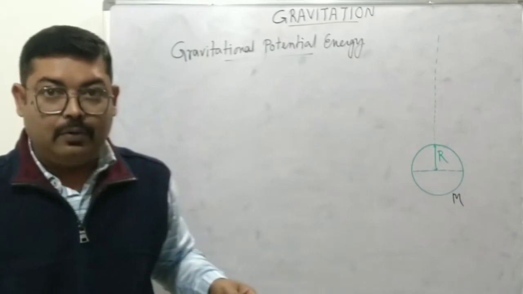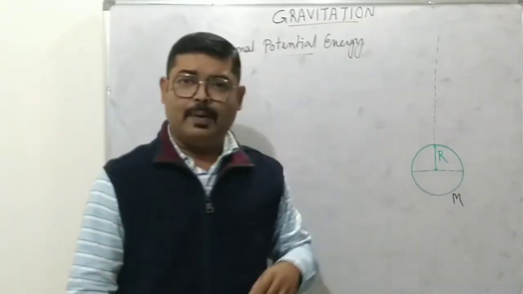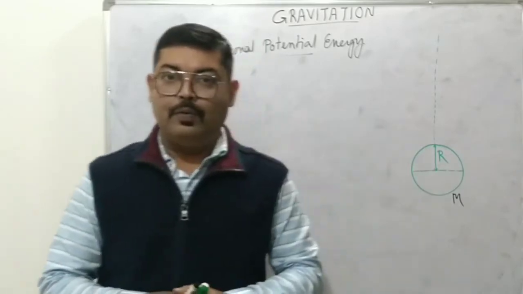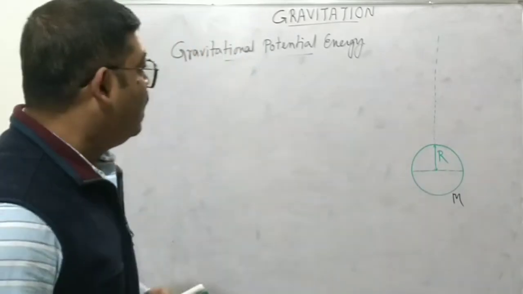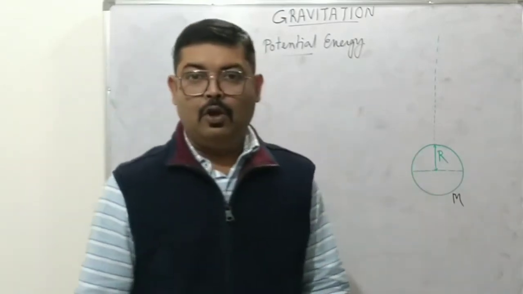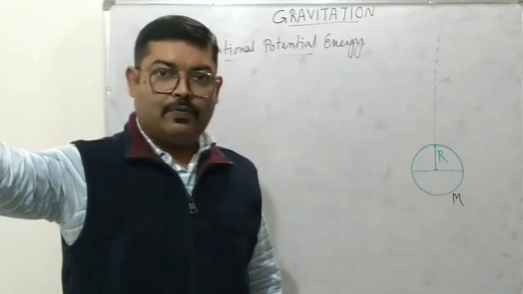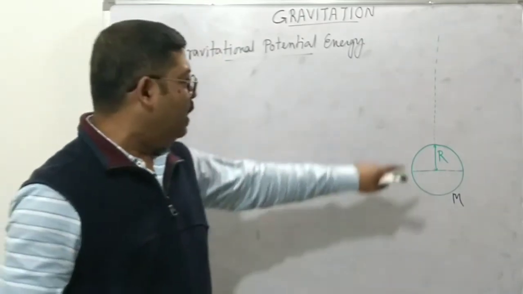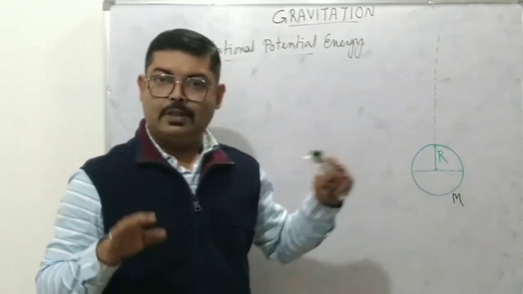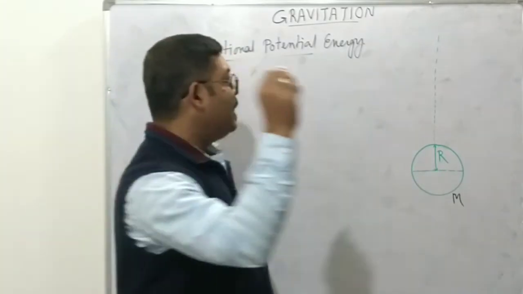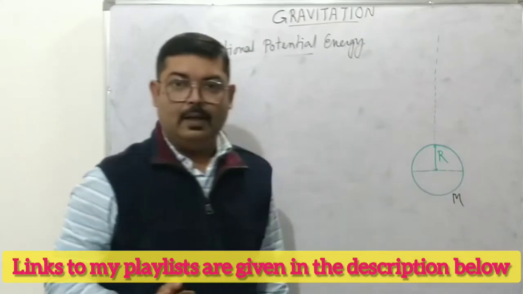Okay, now where did this energy come from? Look at it this way: this object was initially somewhere not in this field. We brought that object from somewhere in the universe, maybe an infinitely distant point, where the gravitational field of this particular mass was zero, and we placed it in the field.